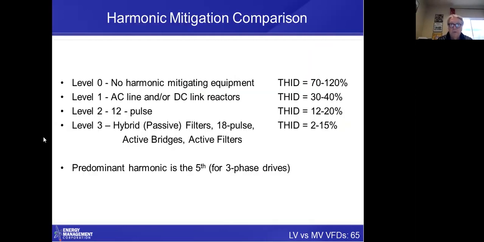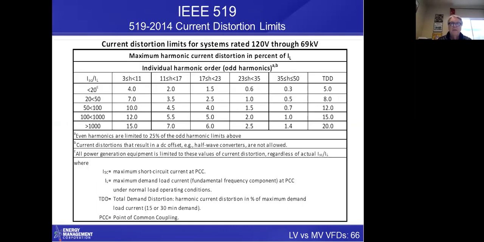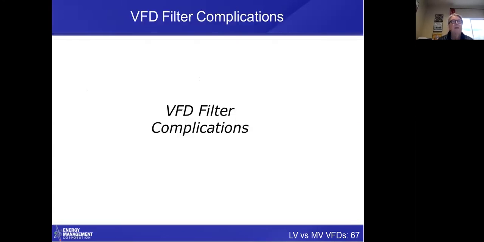So here's a comparison of the different methods that we have talked about. And this is IEEE 519. A lot of people think IEEE 519 means you have to have 5% distortion. That's not true. You can have between 5 and 20% distortion depending upon the size of your load and the size of the utility that feeds it. In almost all cases, we find that you have to get to 12 or 15%.